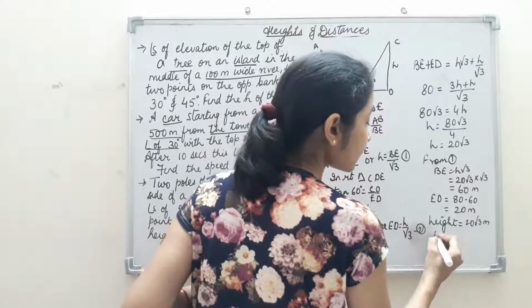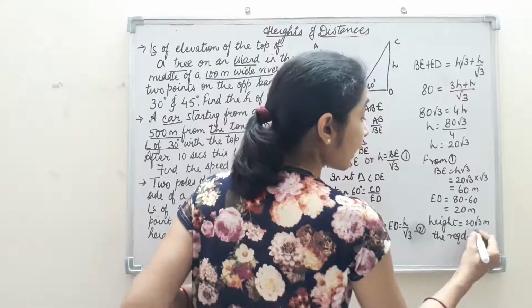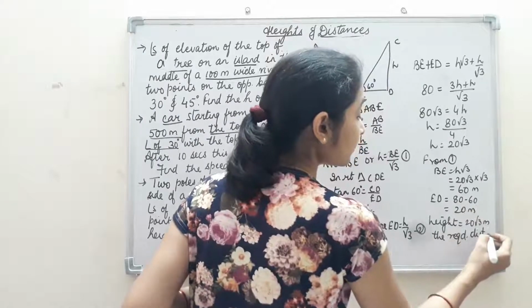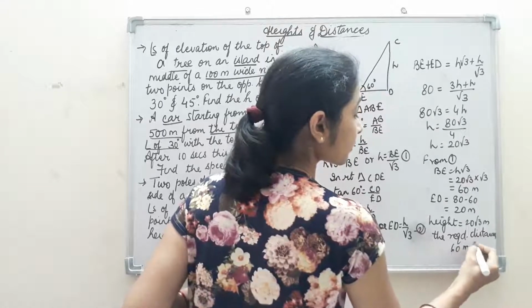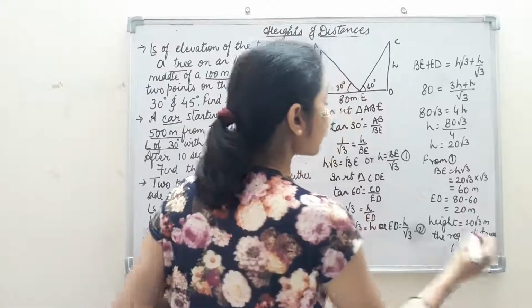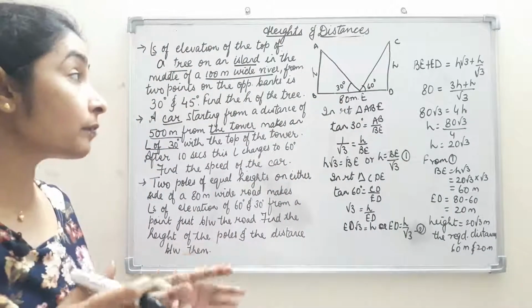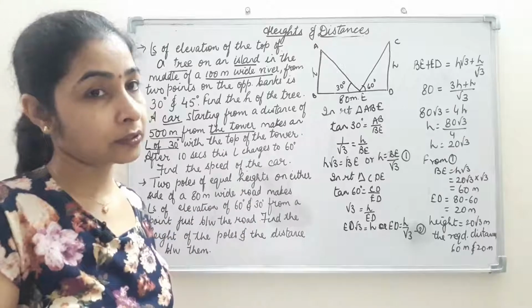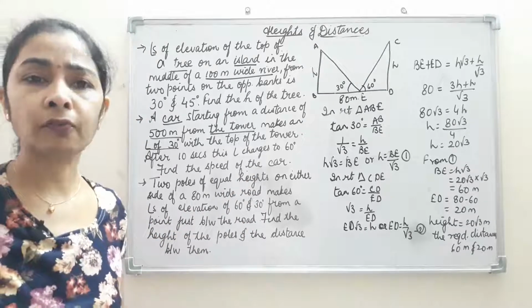The two required distances we were asked are 60 meters and 20 meters. The distance of one is 20 meters and the other is 60 meters from the observation point. Okay, so this is the solution. All three questions were of different types.